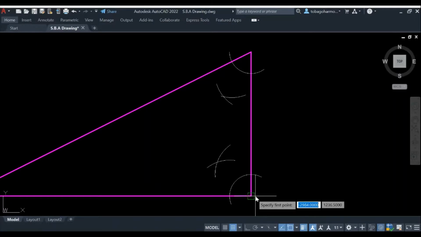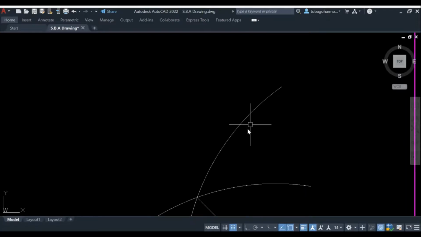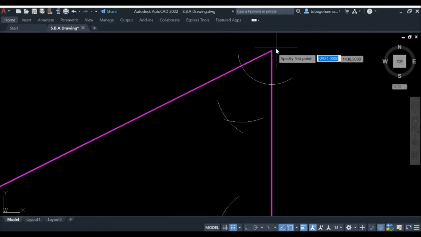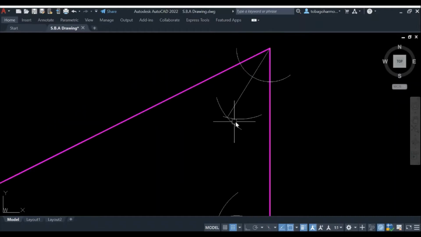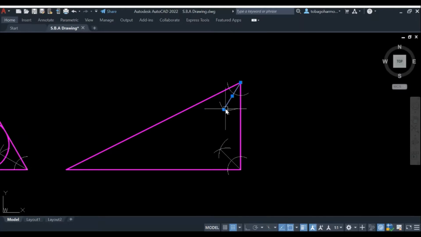Okay, so we have all the arcs that we need, and now we're going to draw our bisecting lines. So that's the first one, and this is our second line, and we draw the lines through the intersecting points of the arcs.